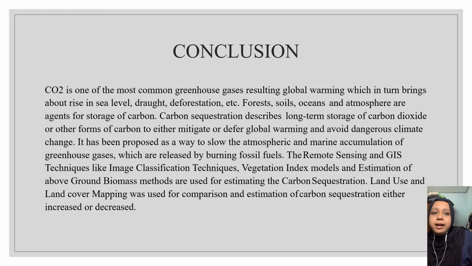GIS data layers and NDVI measure were manipulated to estimate carbon dioxide sequestration in a particular area. The combined use of biomass model and NDVI data has simplified estimation of carbon stock in forest area.